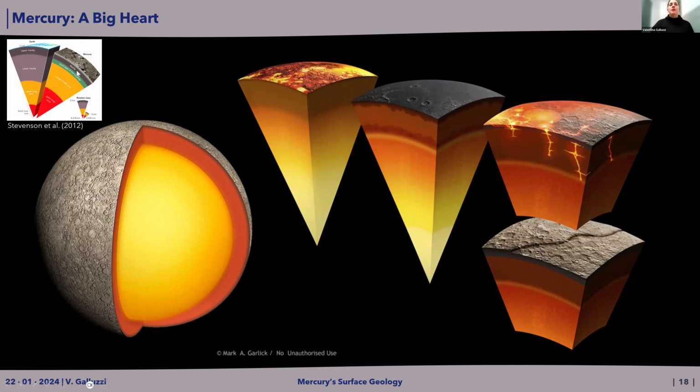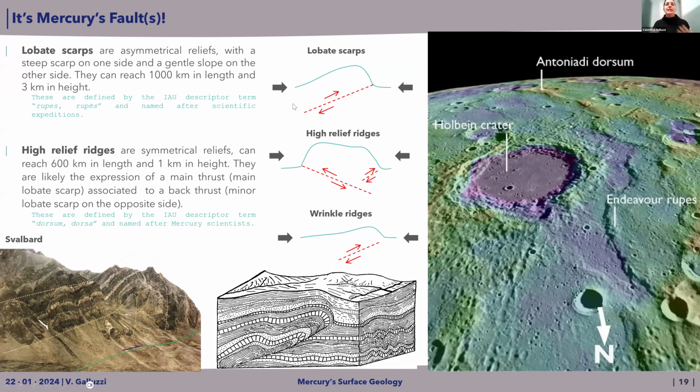So the convective state couldn't last for long, and any changes that happen in the core reflect well on the surface because the effect of the core is so strong on the outer shells. And so what are these scarps?